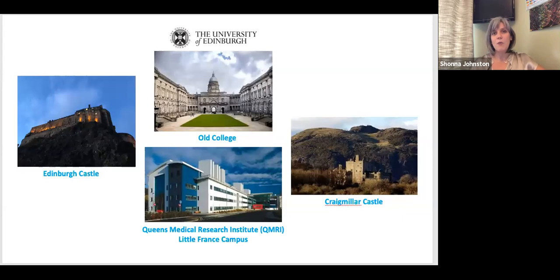But the campus that I work on is the Little France campus, and I work in the Queen's Medical Research Institute, which is the QMRI, which is why our title is QMRI Flow Cytometry Facility. Now it's called Little France because we also have another castle right beside us, which is Craigmillar Castle, and Mary Queen of Scots stayed there quite a lot, and with her French entourage camping down on the fields beside it, that's why it's known as Little France.